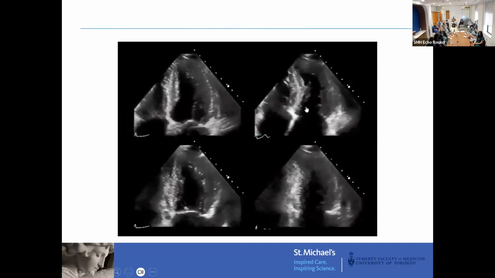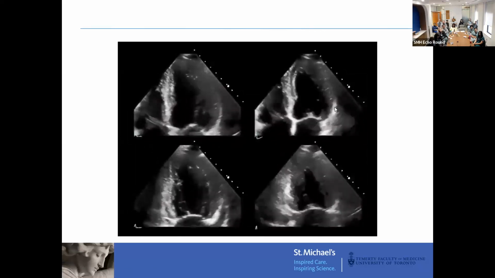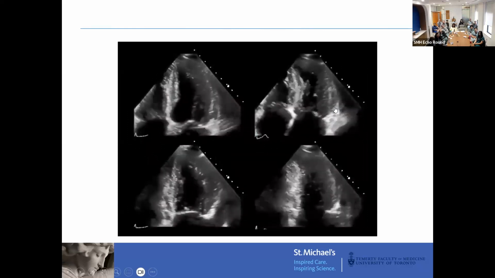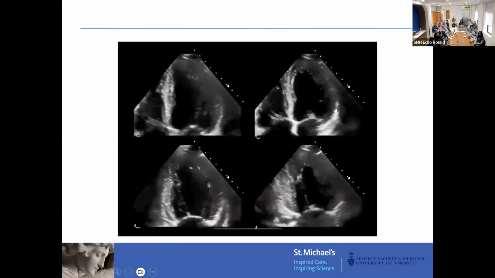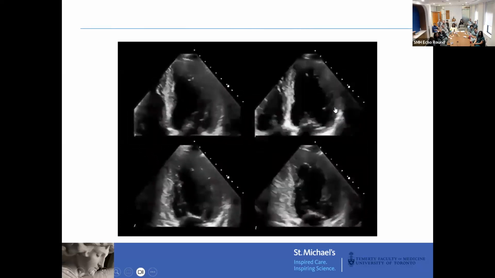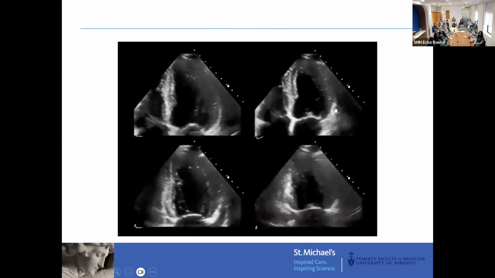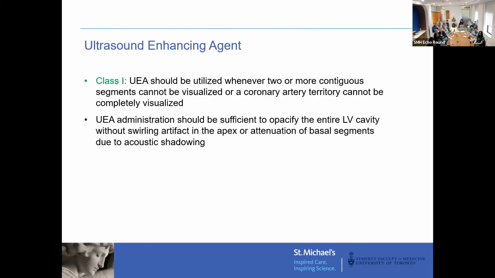And if the wall itself is thickening, as you can see behind my cursor, that the wall is thickening underneath, that is what you want to look for in the basal inferior segment specifically, or the basal inferior septum, because that's often overcalled as a hypokinetic region. But if there is thickening, then it's likely normal, and it's a very common false positive finding.